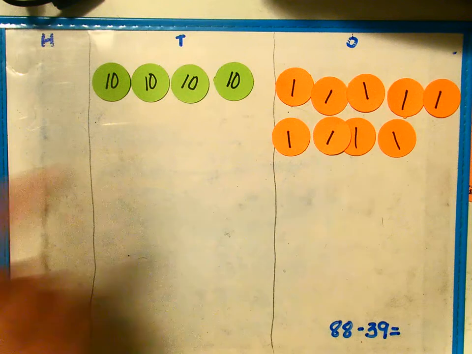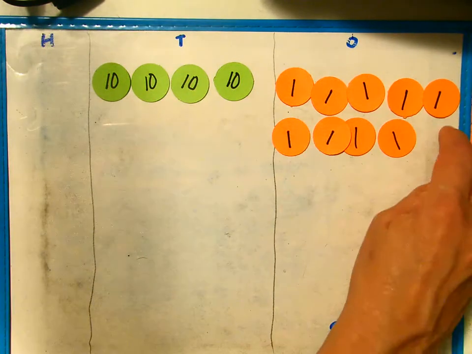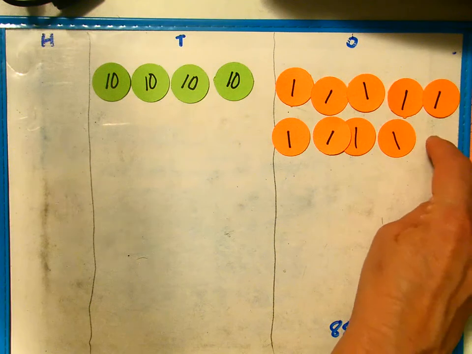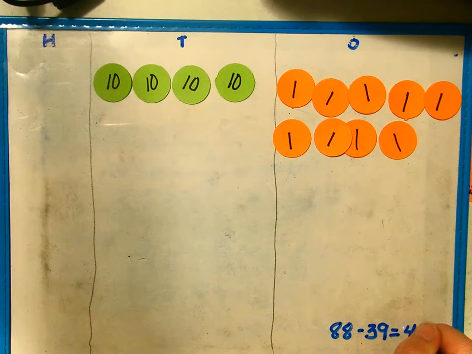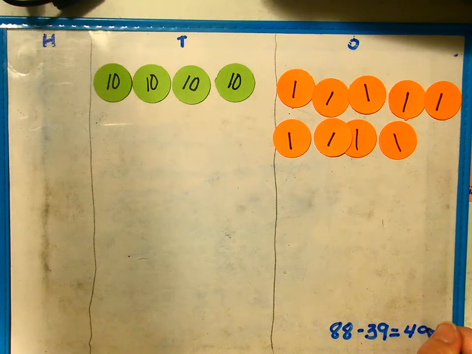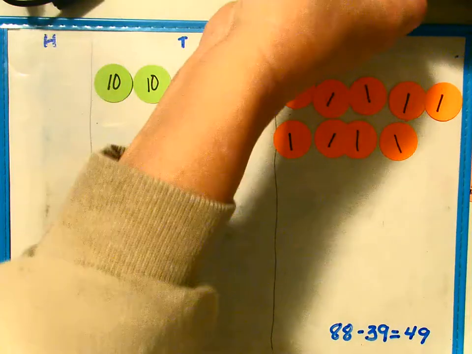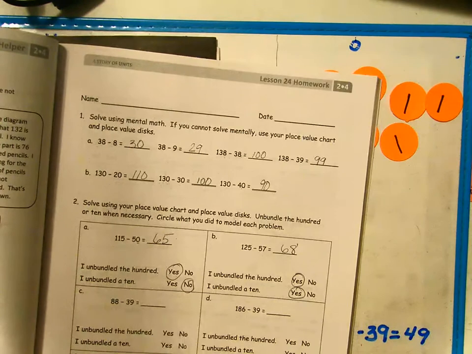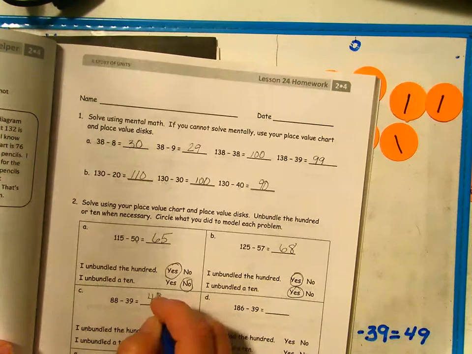And how many ones are there? Can you tell without counting? There's a group of 5 and a group of 1. If I had 1 more, I'd have 10. That is 9. So 88 minus 39 is 49. 88 minus 39 equals 49.